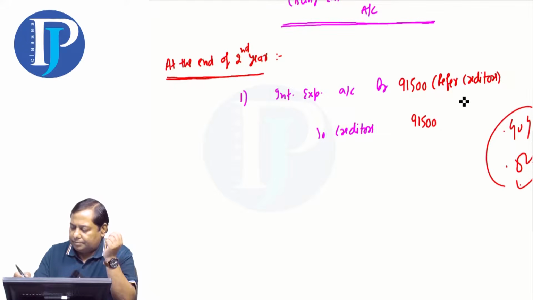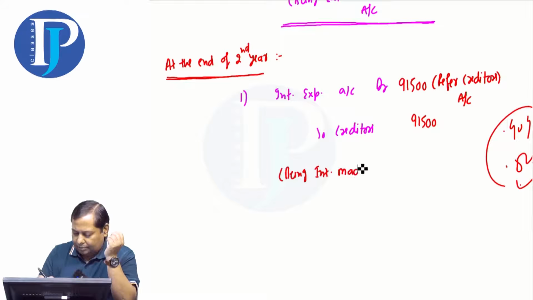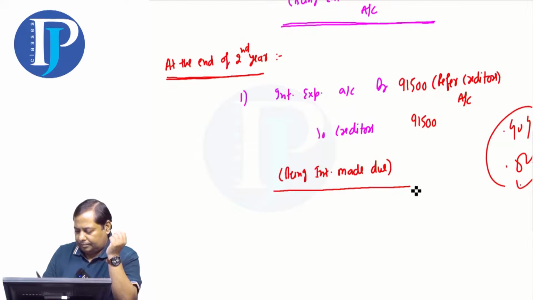Creditors account, I will show you how to make it. Interest made due. I will pass the second entry.